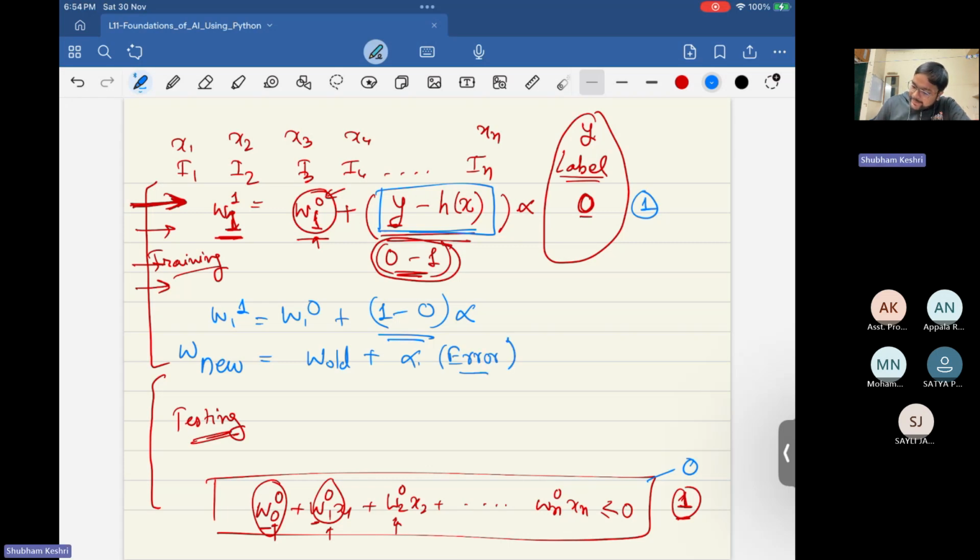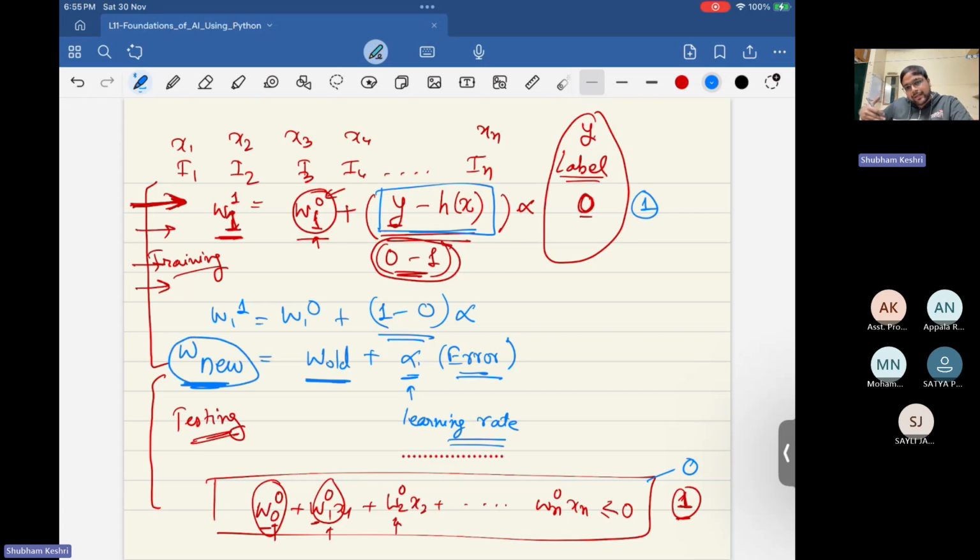Alpha is a factor, known as the learning rate. It should be very small, 0.01 or 0.02. What is the rate at which you want to learn from your data? You have to select this. It is actually a small value, 0.1 or something like that. So you update your new weight considering your old weight plus alpha times the error, and this is how your new weight will be updated for each row.